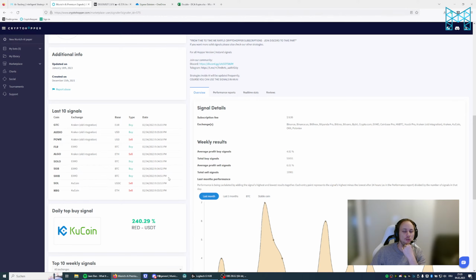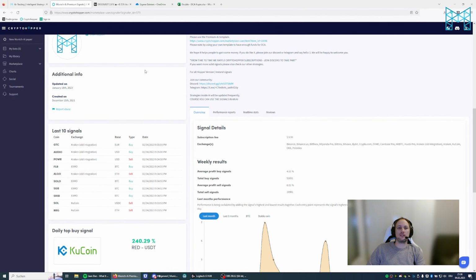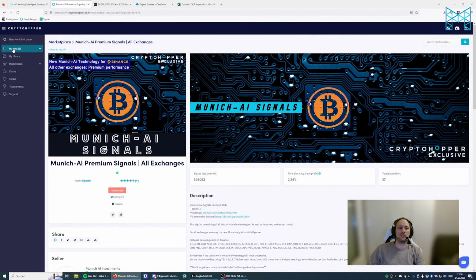If you let the AI run on your own bot, where you need the bigger subscription, then it is faster than using the signals. But as I said, you don't need to be worried that you're missing trades, because in the configuration I'm now using, you can have more positions from the same coin. Therefore, it will go fast when the dashboard is filling up. So that's absolutely no problem.